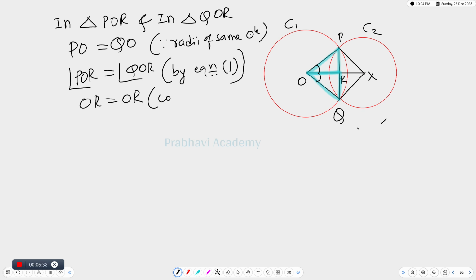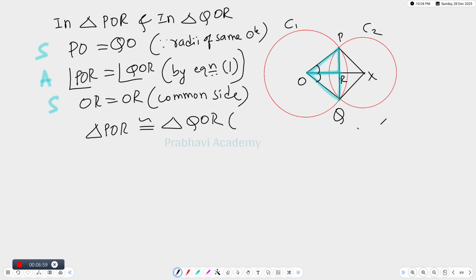It's a common side. So looking at all these, side, an angle and a side, you can say that triangle POR is congruent to triangle QOR. That is by SAS congruency.